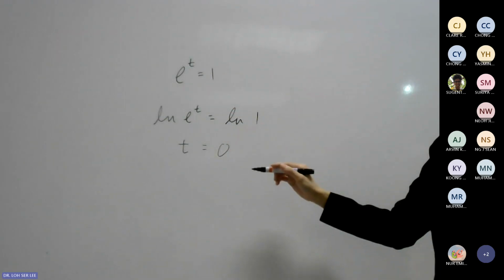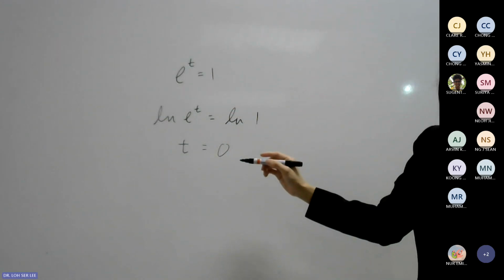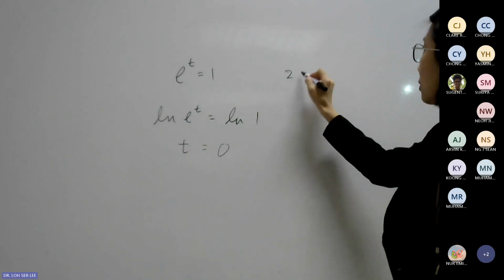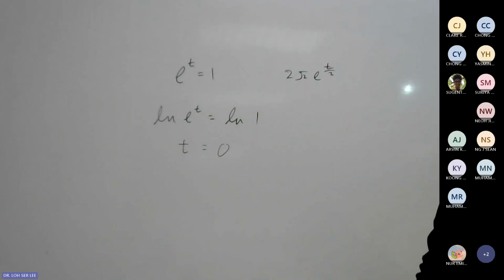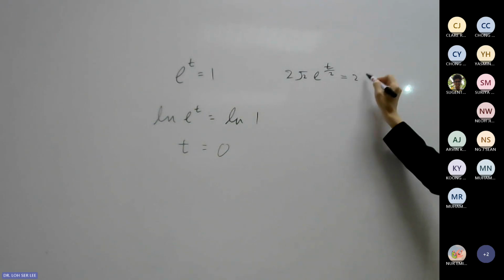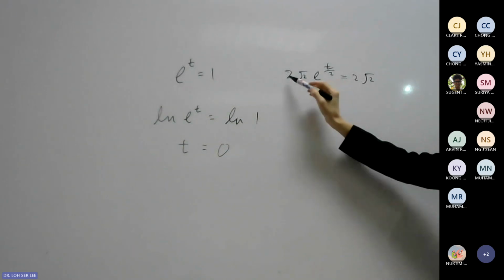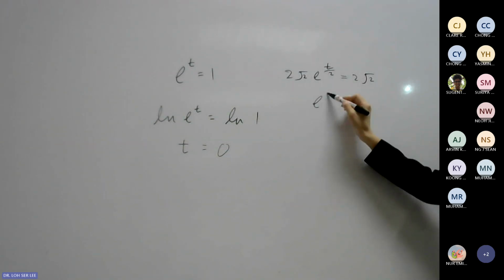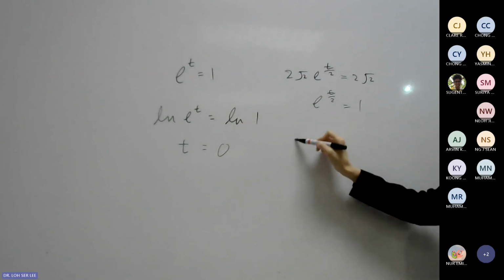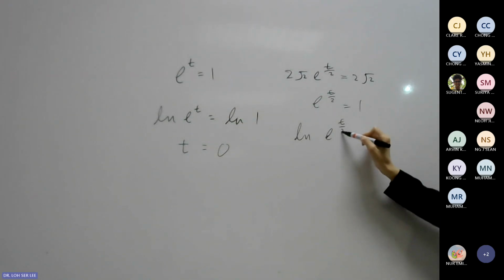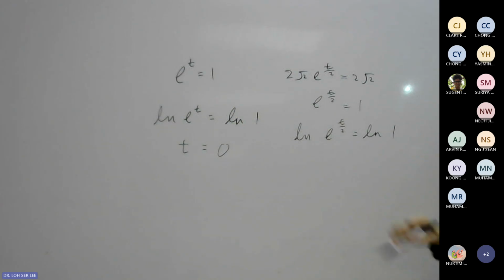The second one is also similar. 2√2 e^(t/2) equals 2√2. So when you cancel out the 2√2, you get e^(t/2) equals 1. Taking ln, ln e^(t/2) equals ln 1.